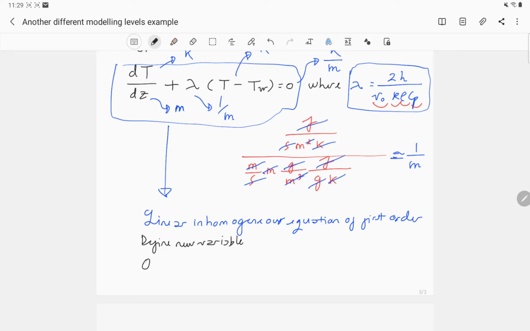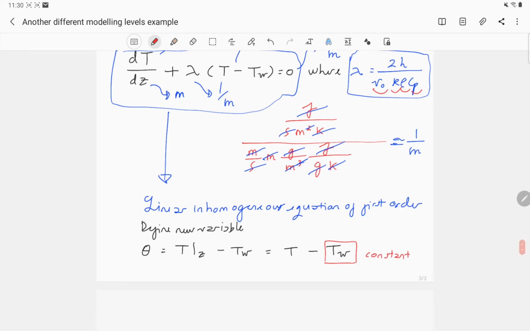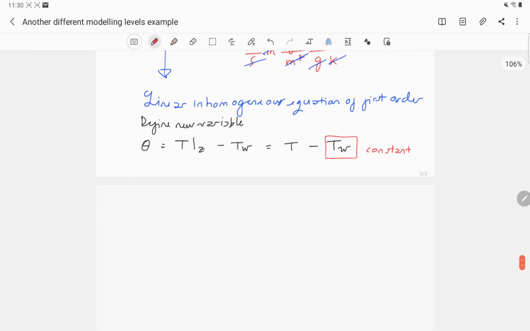This new variable is denoted with this theta symbol, which will be equal to T at z minus Tw, or simply equal to T minus Tw, where this particular Tw is, again, a constant. Okay, because the wall temperature does not change at all.